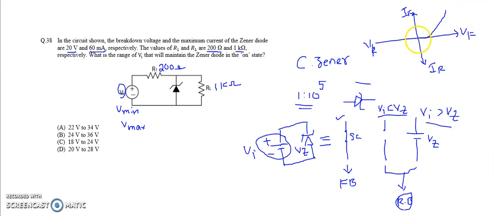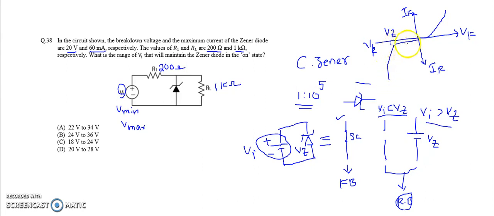But coming to the reverse biased condition of the Zener diode, in the reverse characteristics we get a curve like this. That means at Vz, if the reverse voltage is greater than the Zener breakdown voltage, then there is a sudden increase in current across the Zener diode.